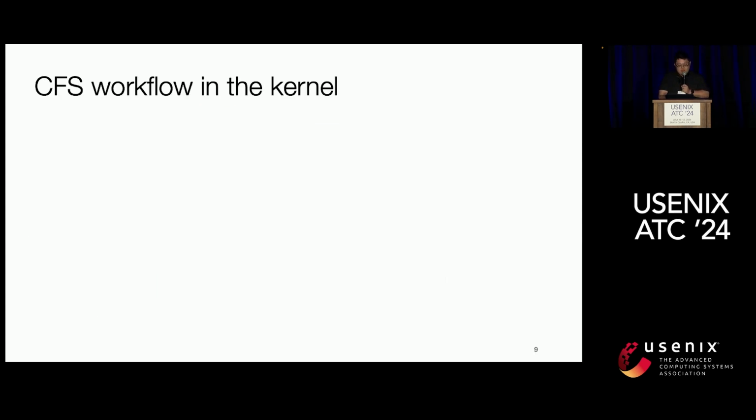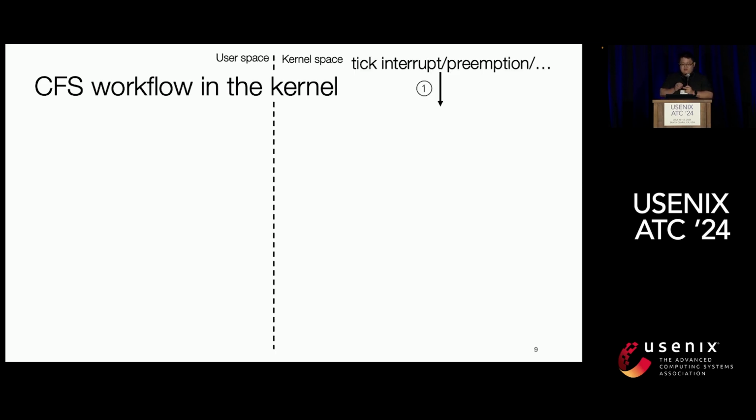To understand how we learn and deploy those policies, we should first understand how CFS works in the kernel. Firstly, a tick interrupt or task preemption will invoke the CFS main schedule function in the kernel. The schedule function will initially determine which task to run next.